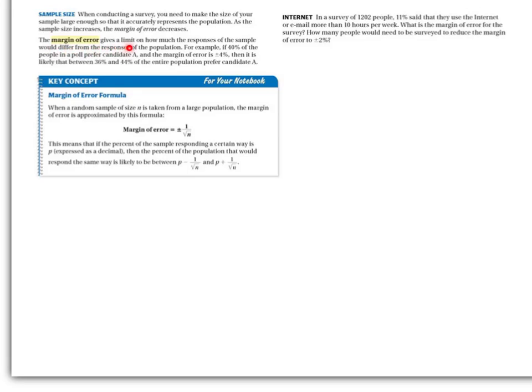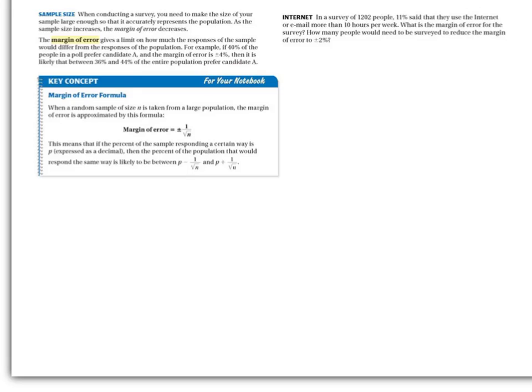So the margin of error gives a limit as to how much responses of the sample would differ from the response of the population. For example, if 40% of the people in a poll prefer candidate A, and the margin of error is plus or minus 4%, then it is likely between 36 and 44% of the entire population could prefer candidate A.